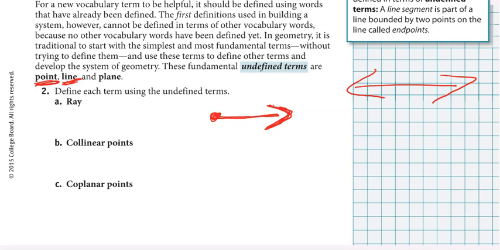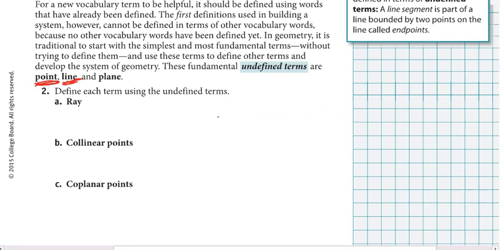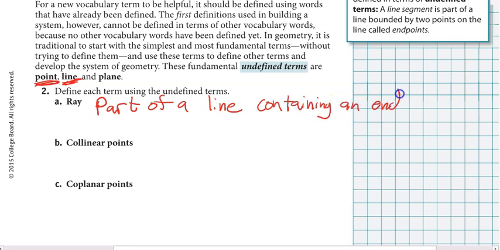So if we wanted to define that using the undefined terms, we could say that a ray is part of a line containing an endpoint and continuing forever in one direction.